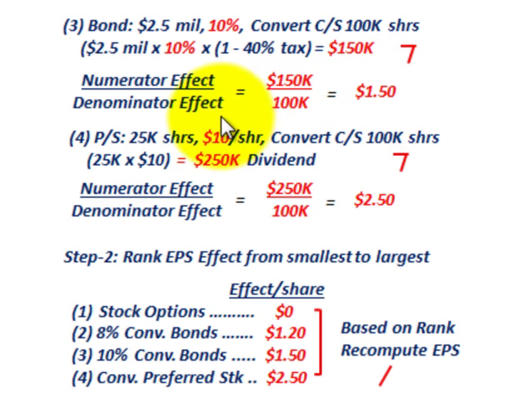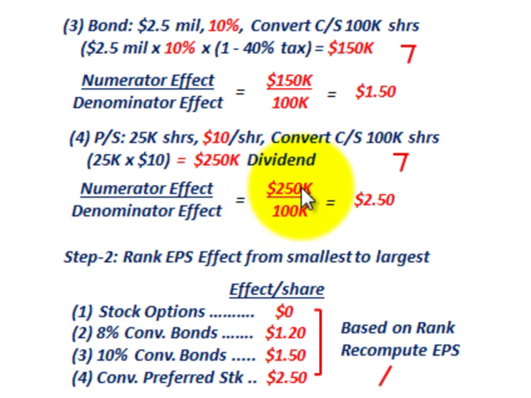Okay, and then finally, moving down to preferred stock, just say we have 25,000 shares, and the dividend is $10 per share. Again, they're converted into 100,000 shares of common stock. So our dividend, 25,000 times $10 per share, is going to be $250,000 in dividends. Looking at our numerator effect, since that dividend would have been reducing our net income, we have to add it back.